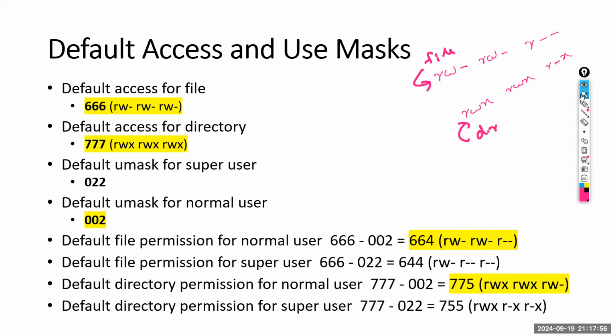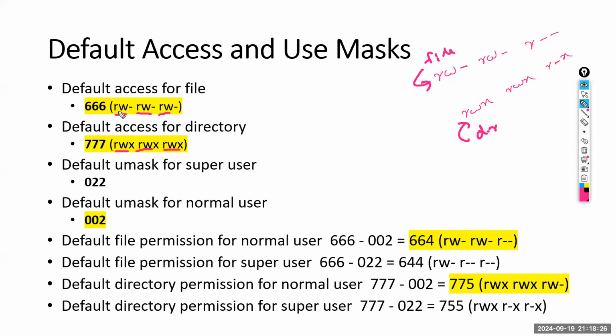So listen to this very carefully, otherwise you will completely miss it. There's something called default access for file. By default, access for a file is rw, rw, rw. Default access for folder or directory is rwx, rwx, rwx. In other words, 777. This is 666.